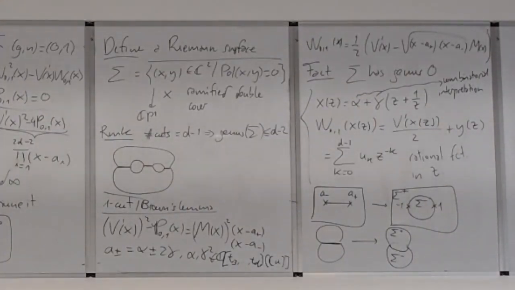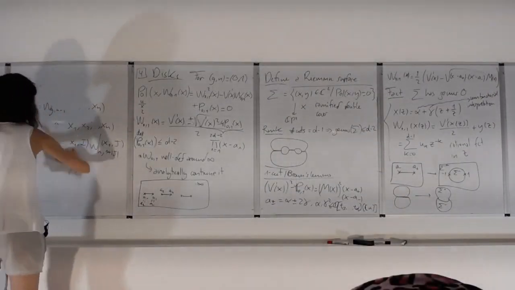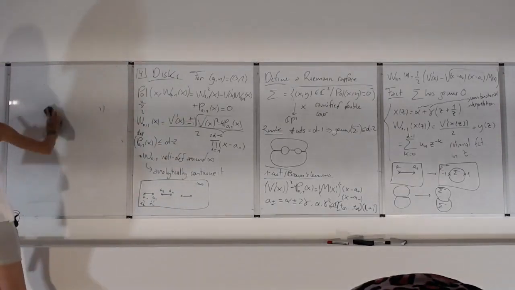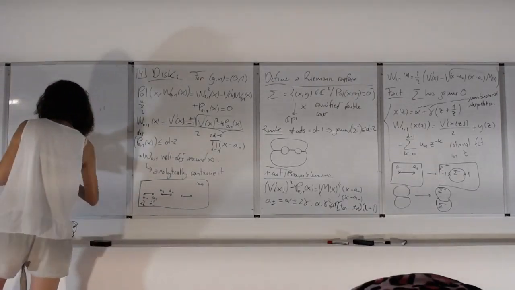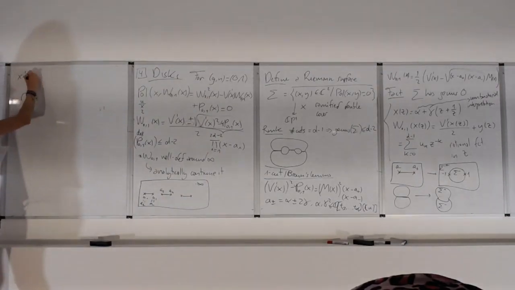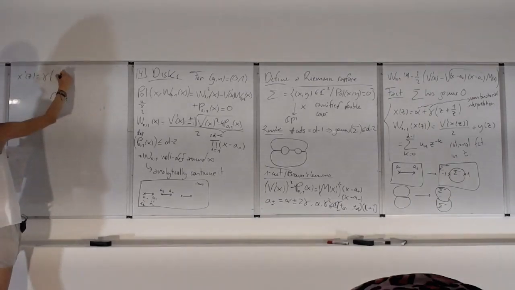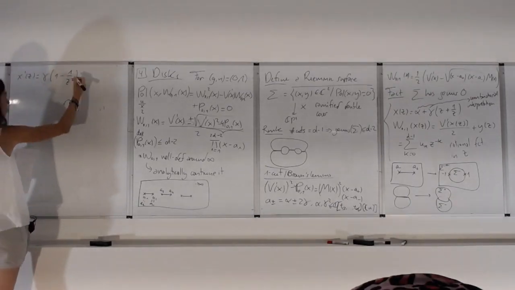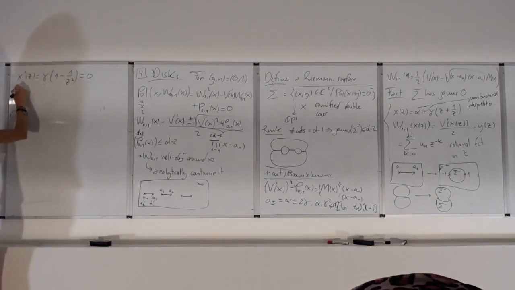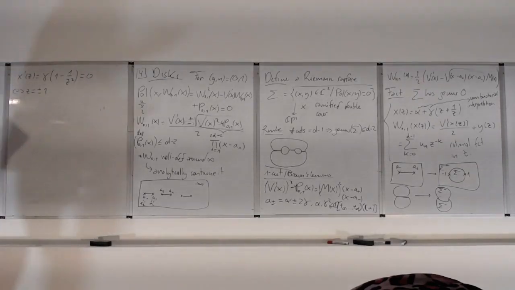Then we should compute the ramification points. Okay, they are easy, but there are two of them. We just get 1 minus 1 over z squared equal to 0. And they are just plus and minus 1.